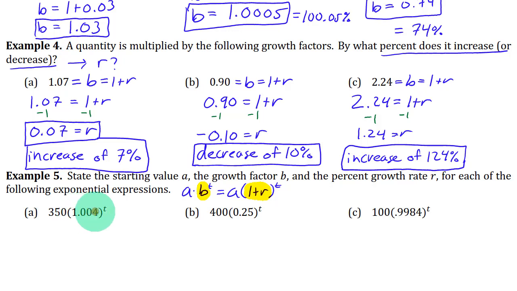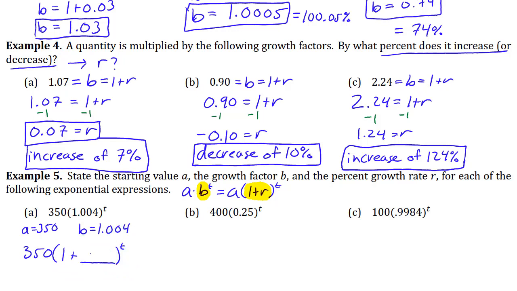So the b would be 1.004. The a is whatever you have in front. And the r is however much over 1 this is. So you could write this as 350 times 1 plus something to the t. And whatever the something is, that's what the r is.